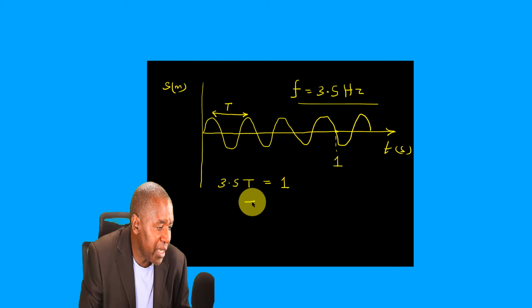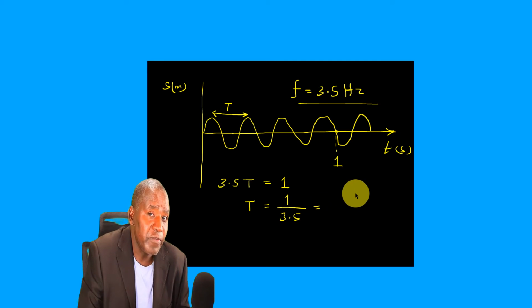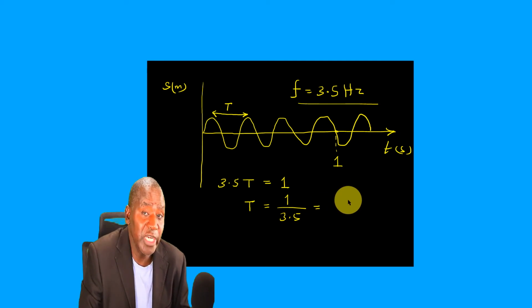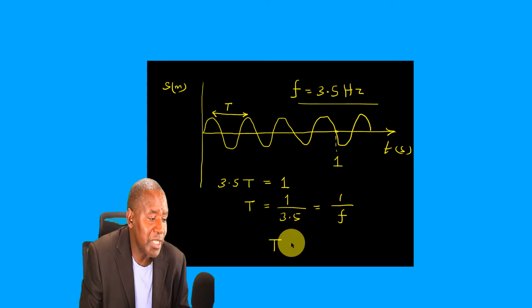Once we make T the subject, we divide by 3.5. And what is 3.5? 3.5 is the frequency. It is the number of oscillations made in 1 second. So this is 1 over f, and you get a very important relationship where we say T is equal to 1 over f.